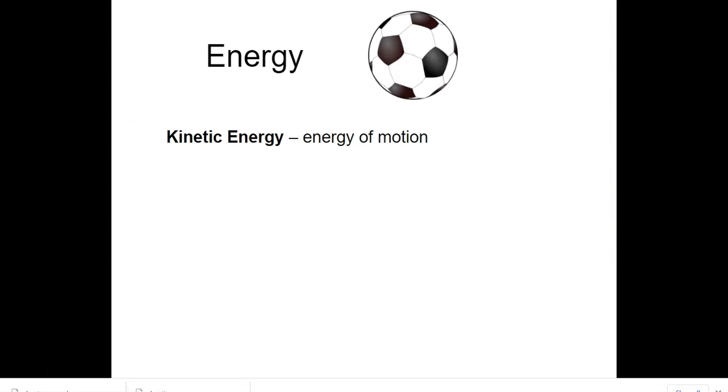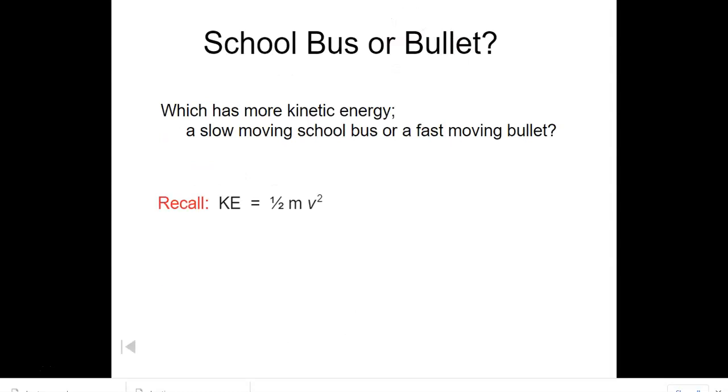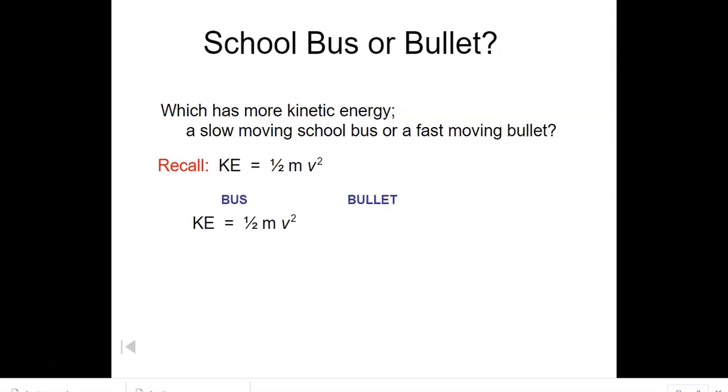So energy, like I said, there's kinetic energy, the energy of motion. And here's our equation. KE equals 1/2 mass times the velocity squared. Oh, that's supposed to point to mass. Velocity, they're a little off. So which has more kinetic energy, a slow moving school bus or a fast moving bullet? So here we're going to look at that.